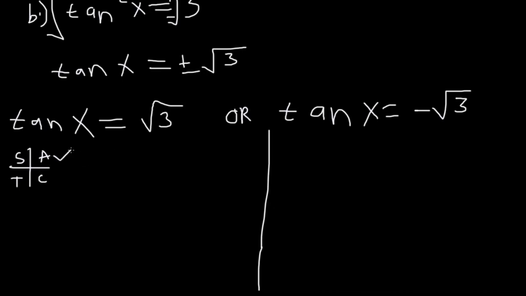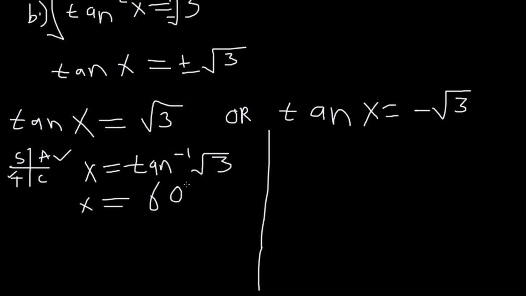Of course it's the first and the third quadrant. So let us find the value of x. The value of x will just be tan inverse of the root of 3. Tan inverse of the root of 3, you get your answer to be 60. So 60 degrees is your answer.